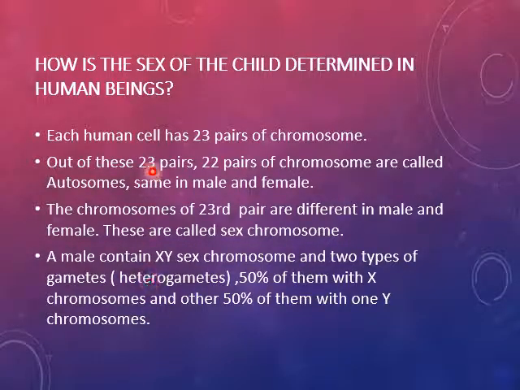How is the sex of an individual child determined in the human being? So this is your NCERT question. As we know, human beings have 23 pairs of chromosomes.